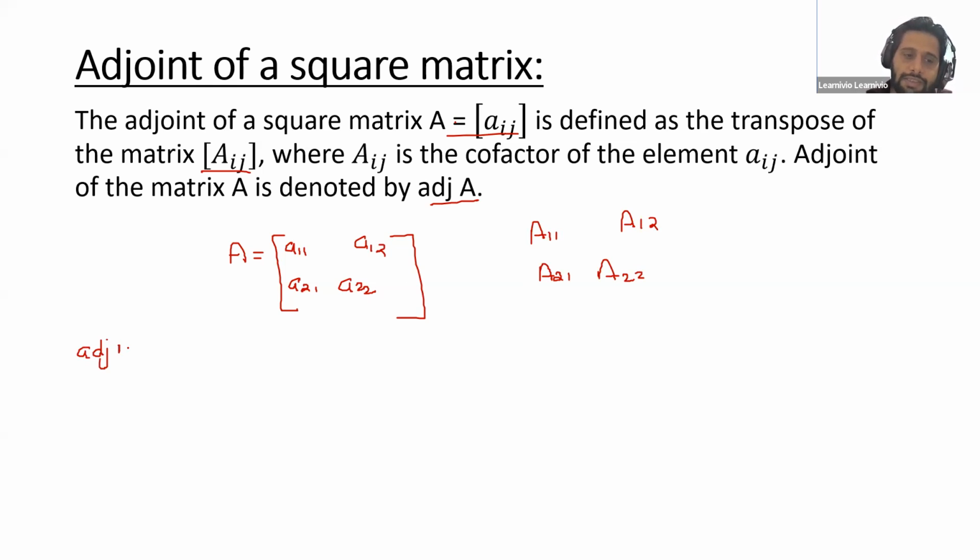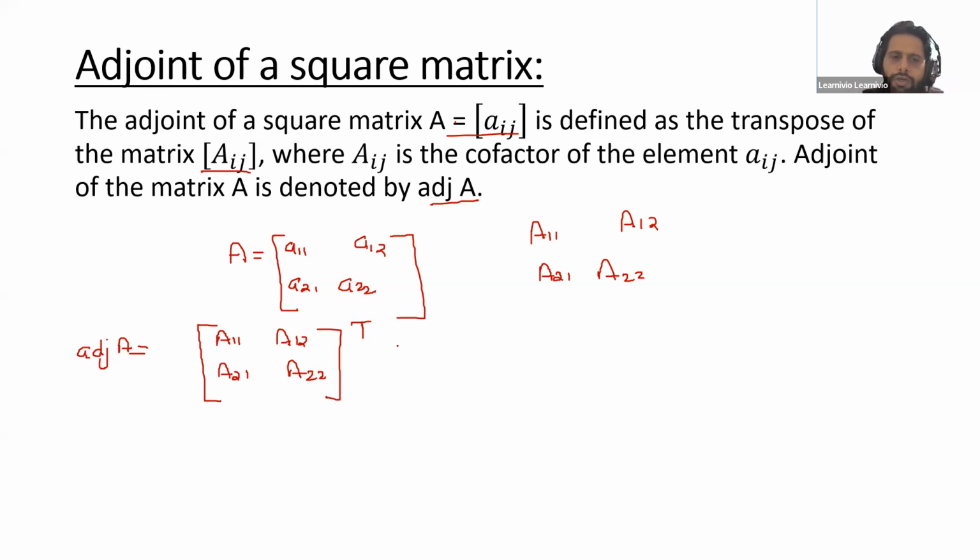Adjoint of A is equal to the transpose of this matrix. So that means from these cofactors, you need to form another matrix which has the elements A11, A12, A21, A22. First, you need to form this matrix, then you need to form the transpose of this.